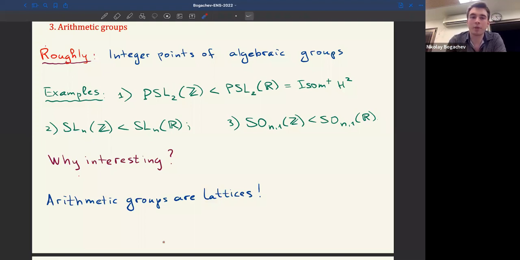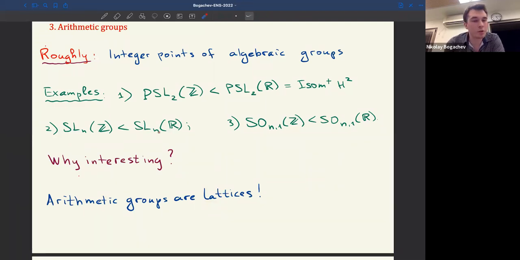It's a very broad definition, not very concrete, but we need to have some algebraic group, for example over Q, and we should take its integer points. Typical examples of arithmetic groups are PSL2(Z) acting on the hyperbolic plane, or SLn(Z) as a subgroup of SLn(R), etc.